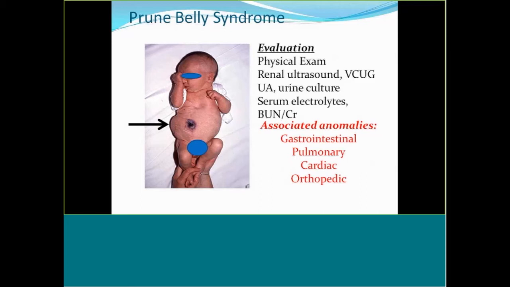They can have cardiac abnormalities, ASDs, VSDs, tetralogy, and orthopedic problems, clubfeet, pelvic dislocations, a lot of abnormalities associated with this. And this is a problem seen almost exclusively in boys, although occasionally you'll see a female infant with this.